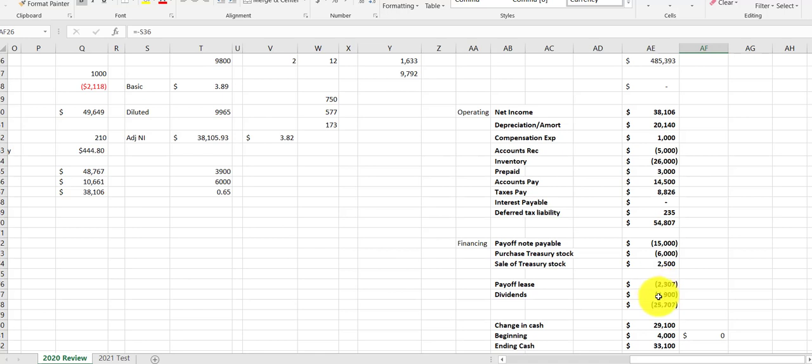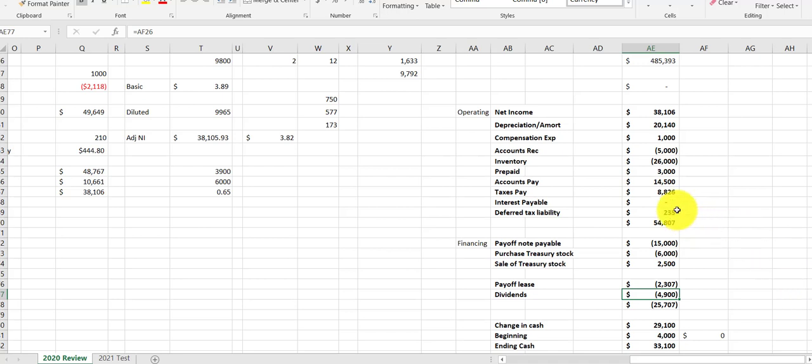That's how much our lease liability went down. If you think about the $3,000 minus the interest, and then the dividends paid is a financing activity.